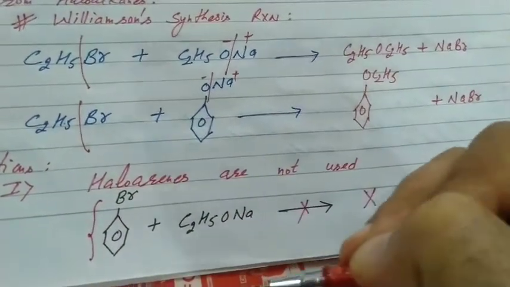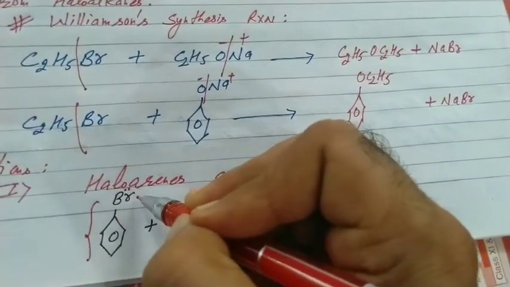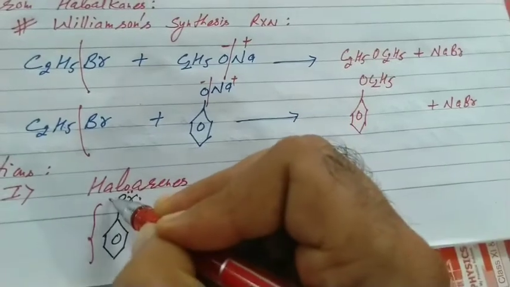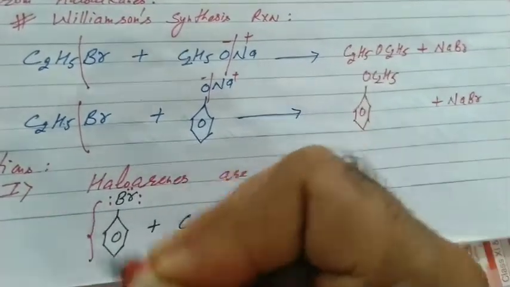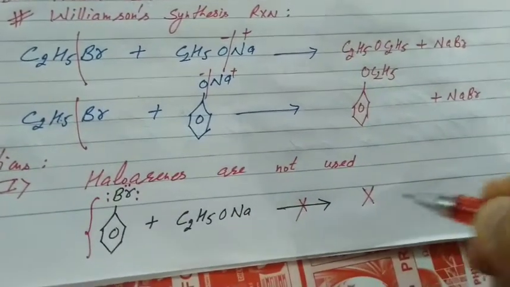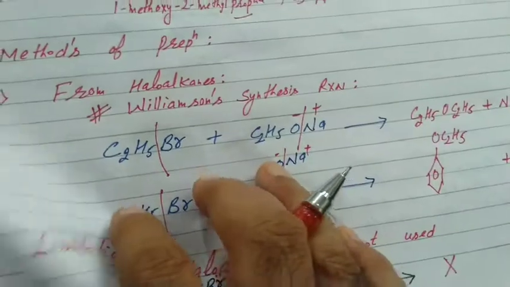Already we have discussed this question. They are in resonance and acquire double bond character, so its breakage becomes difficult. We will mention no reaction. The first limitation is haloarenes are not used in this reaction.